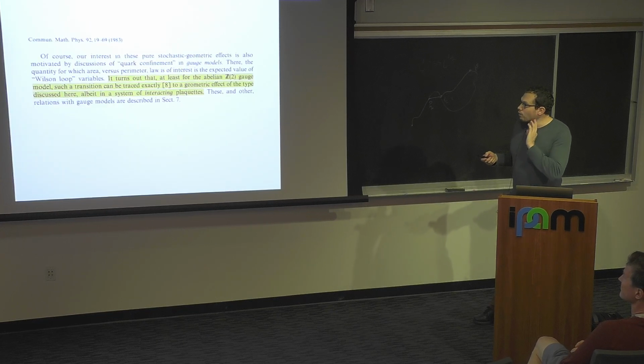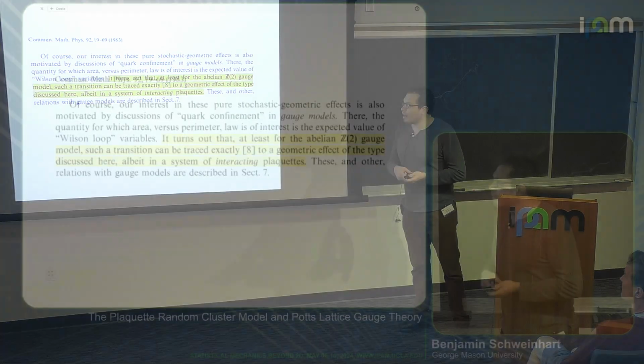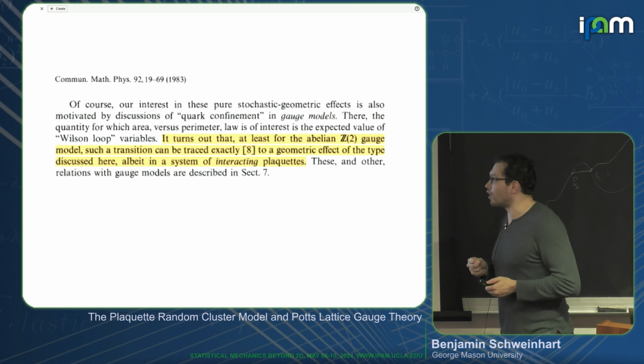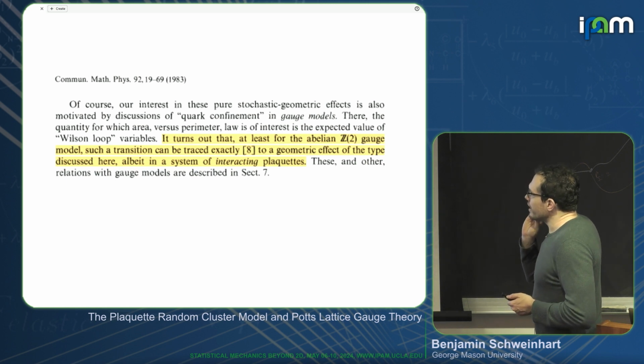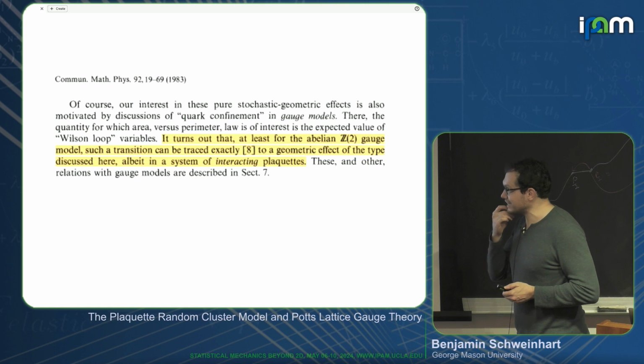Okay, so what is the motivation for looking at a dependent system of plaquettes? And that motivation is part of the same motivation for that 5-author paper. They wrote that their motivation came from an analogy with random variables in lattice gauge theory.